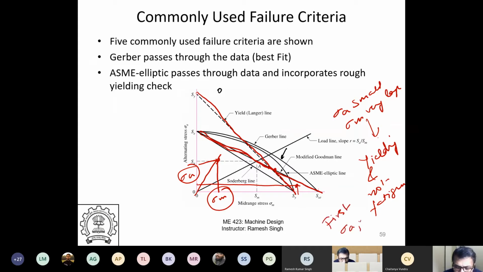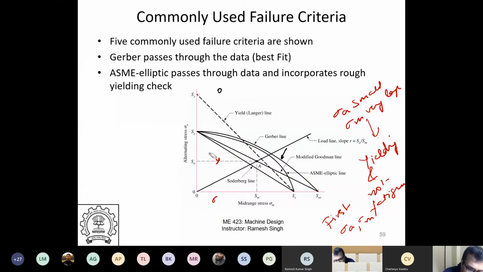So I have a combination of sigma A and sigma M right here. If I have a sigma A of this and sigma M of this, you know what will happen? It is right at the onset of yielding. So this is called first cycle yielding.